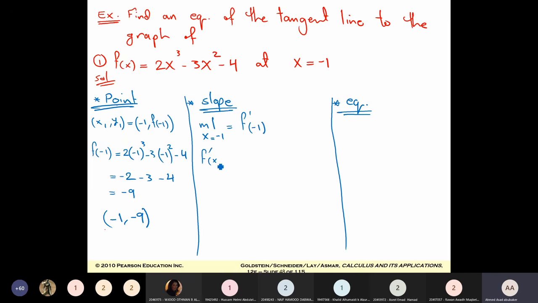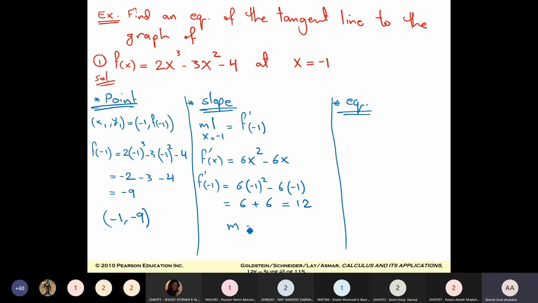This equals 6x squared minus 6x. After that, substitute -1, so we have 6 times -1 squared minus 6 times -1. So we have 6 plus 6 equals 12.